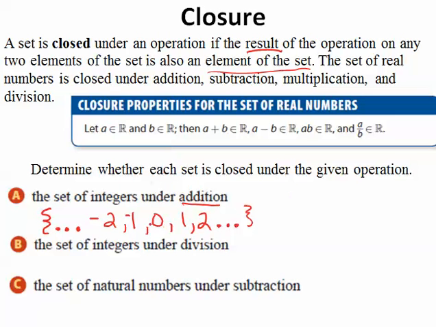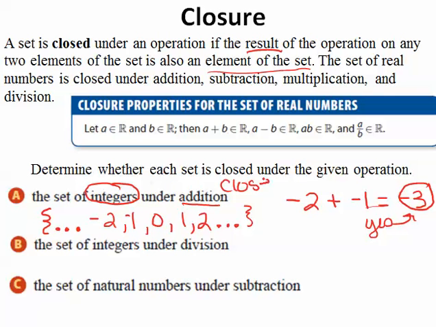Okay, so let's take two of these numbers. Any two. So I'm going to say -2 plus -1. Oh, that's -3. Is that still an integer? And you would say yes. So, since my answer is still an integer, it's still the same type, then this is closed under addition.